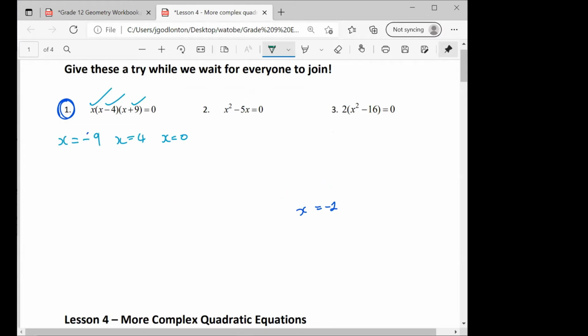What can I take out of both of those terms? X. Yes, I can take out x, and I'm going to be left with x minus 5 equals 0. And so I'm going to get 2 answers for x: x is equal to 0, or x minus 5 is equal to 0, which means x would be 5.